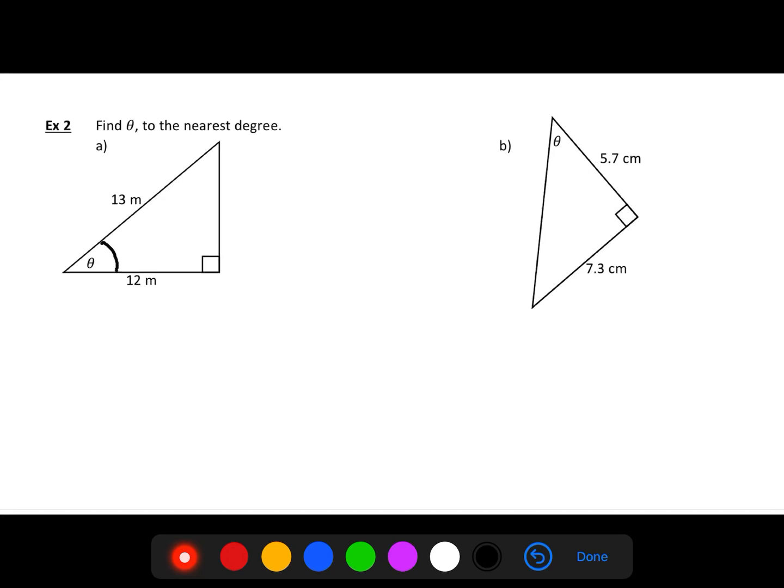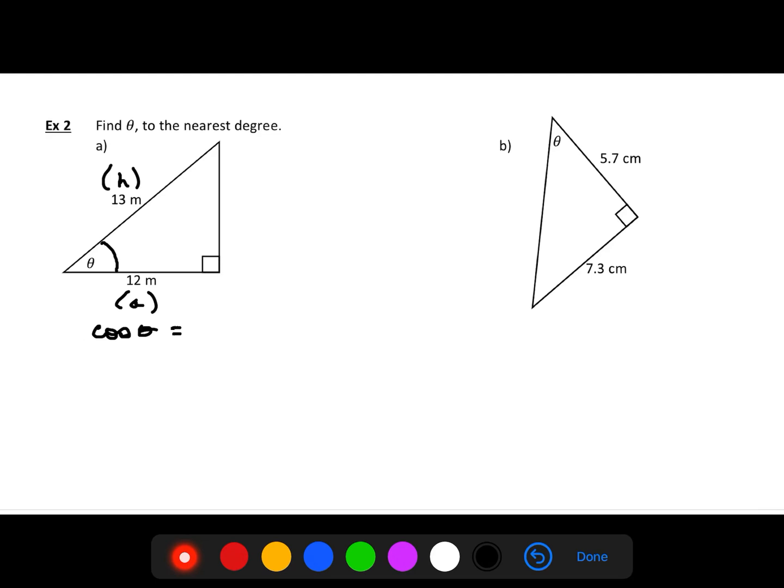Example number 2, now we need to find an angle. Again, we have to focus on the angle that we need to find to figure out which ratio to set up. Here we have our adjacent and our hypotenuse, which means we have to use cosine.